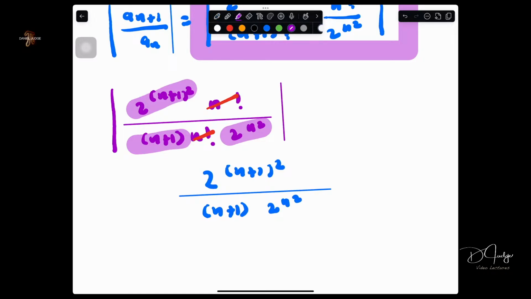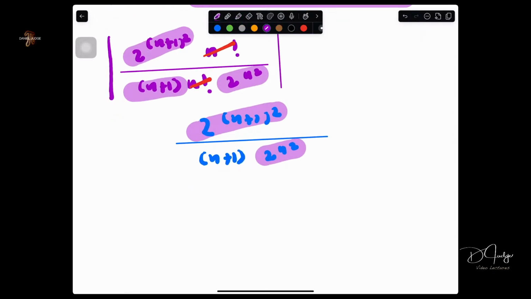It's more algebra essentially. So what we have now, I'll get out the purple, it'll be 2 to the (n plus 1) squared minus n squared power over n plus 1 by using some more algebra.